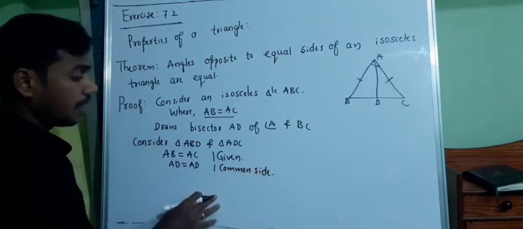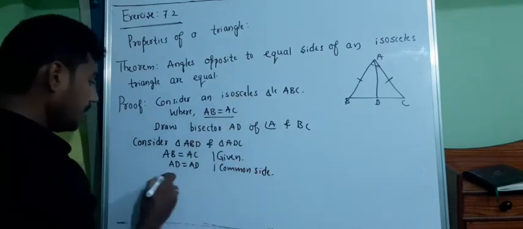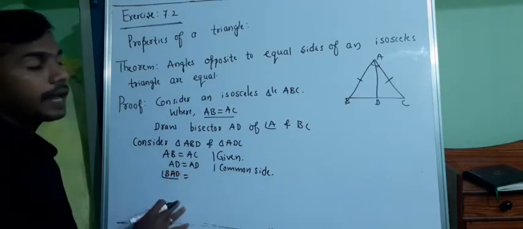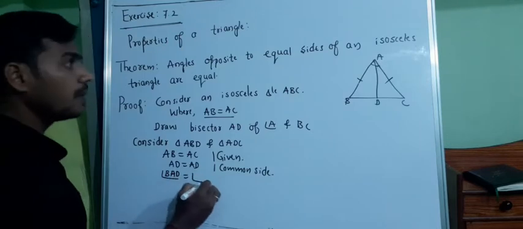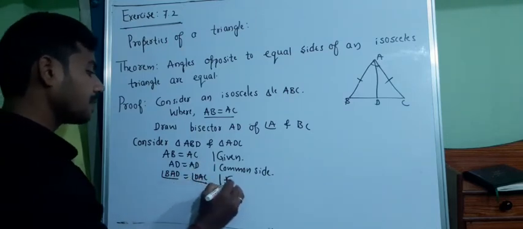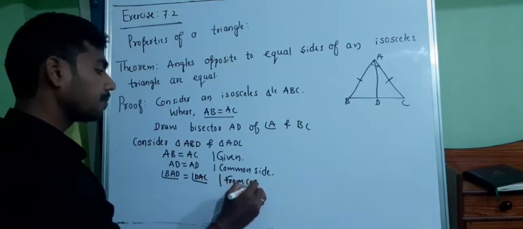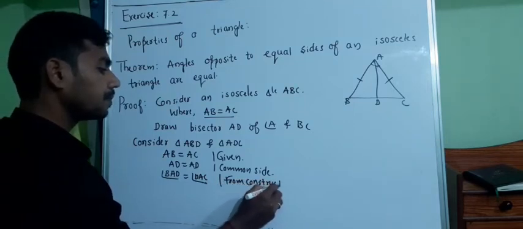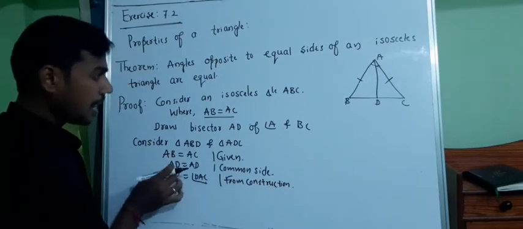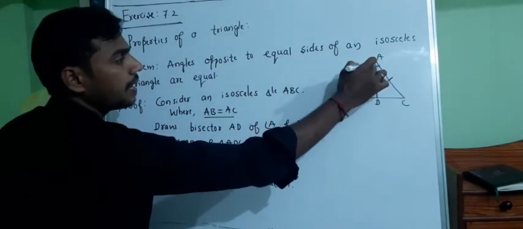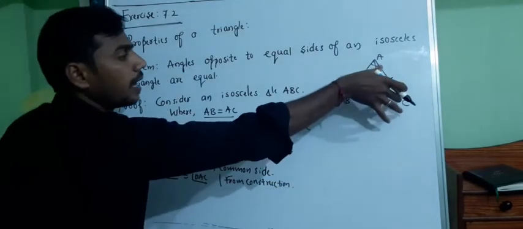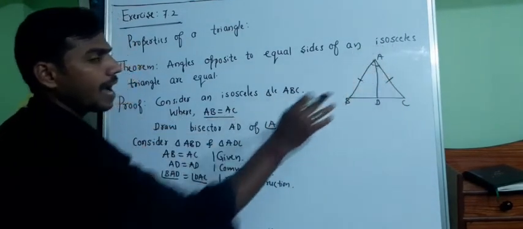Next, angle BAD is equal to angle DAC. This is from construction. Now AB, AD and the included angle, and AC, AD and the included angle are equal.